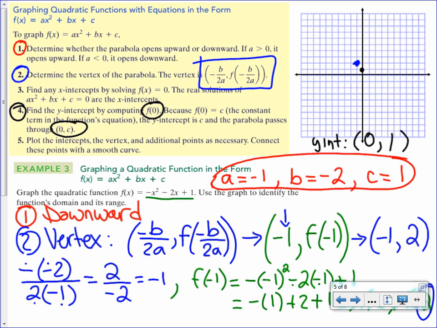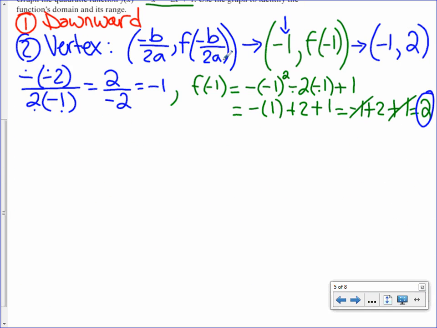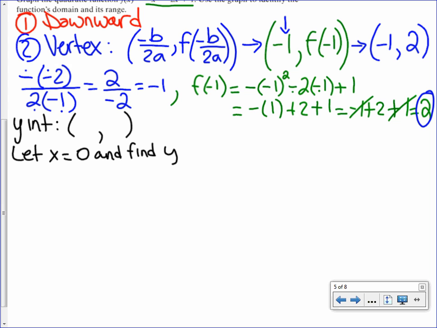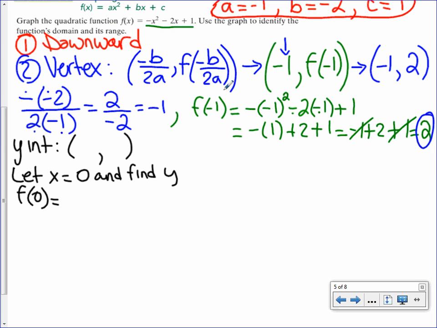Now let's see why that is true. So again, we let x equal to 0 and find y, or in other words, we find f of 0. So going back to the parabola, we have negative 0 squared minus 2 times 0 plus 1.